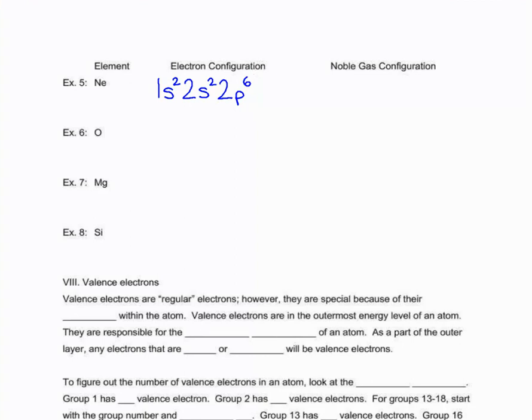So that's 2p6. Just to double check, remember neon has 10 electrons. So we look at this, there's 2, here's 4, plus 6 is 10. And this is a shorter version of what we talked about for the orbital diagram. When I read this out loud, I would say 1s2, 2s2, 2p6.